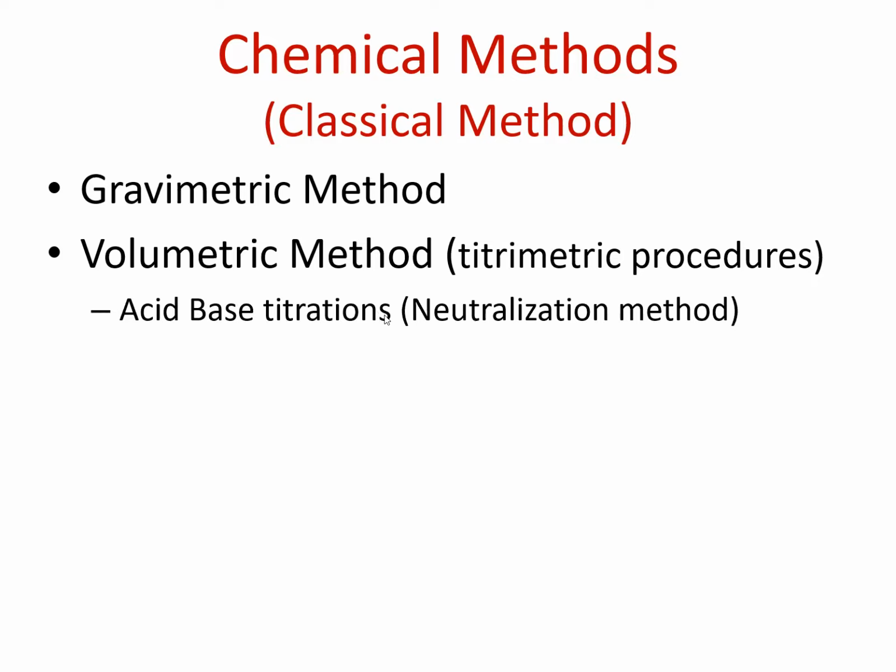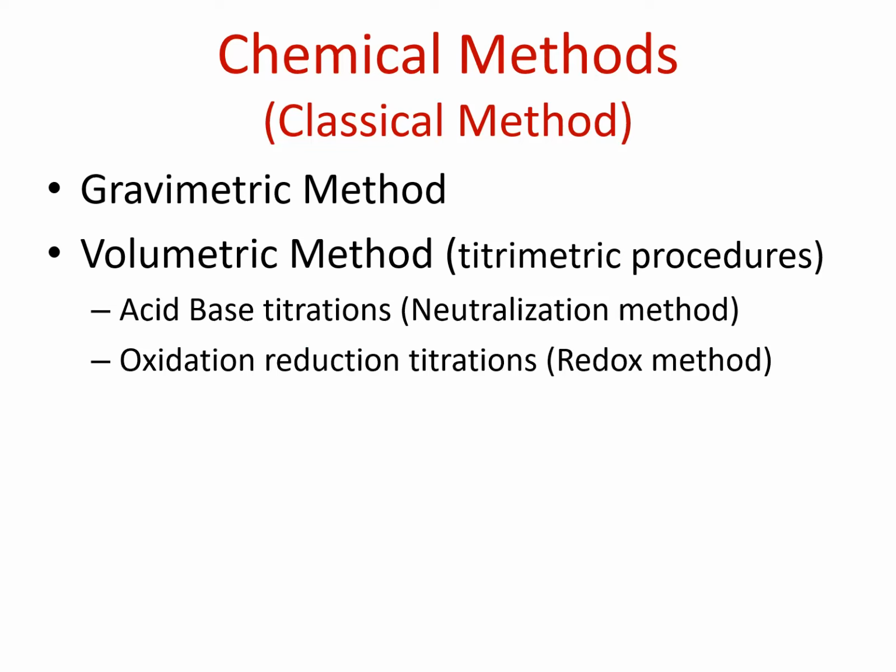So you're exposed to volumetric methods, which can be classified as acid-base titrations. You use neutralization methods, strong acid, strong base neutralizations, or strong acid with weak base neutralization, as it may demand.